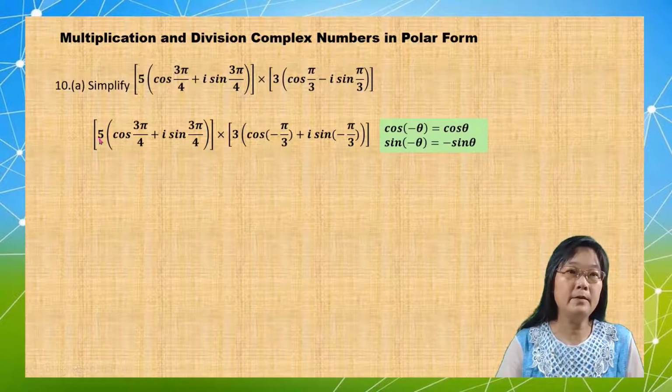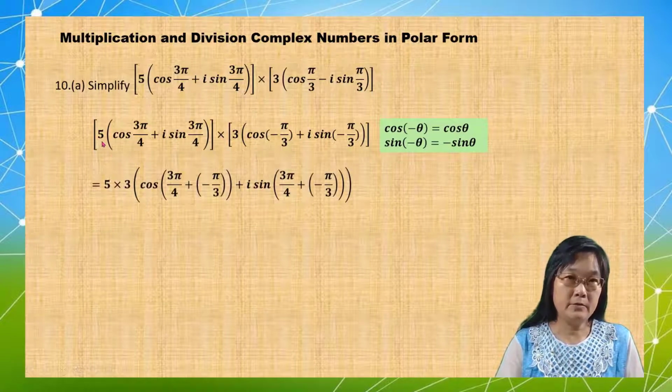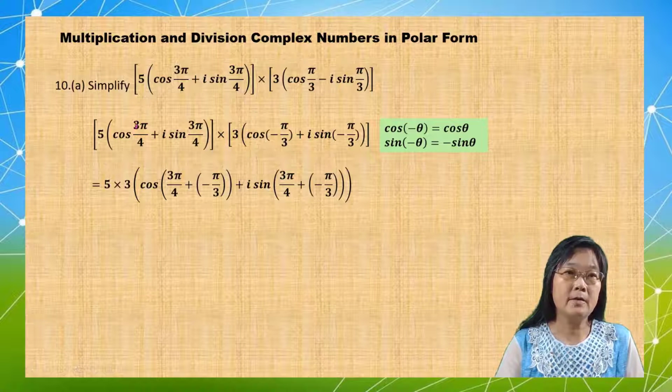So to do the multiplication, we multiply the modulus, 5 times 3. Then as for the argument, we use the argument 3 pi over 4 plus negative pi over 3. So after simplifying, this is the answer.